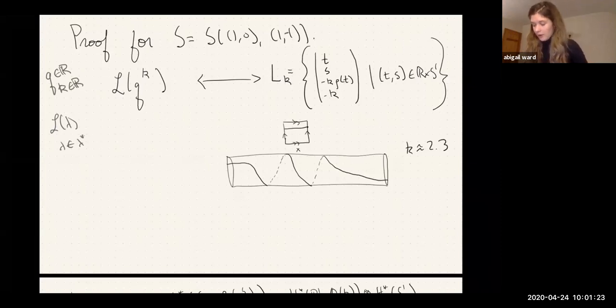It's going to send this LQ to the K to this object that I've described in this graphical way. So recall that Y is just equal to R times S1 times S1 times S1.